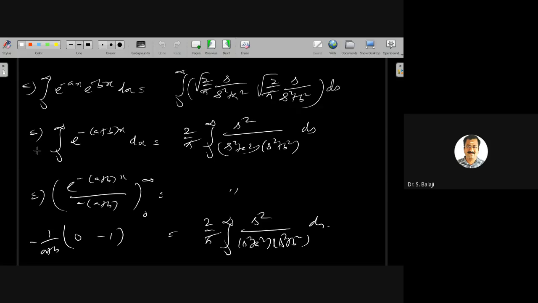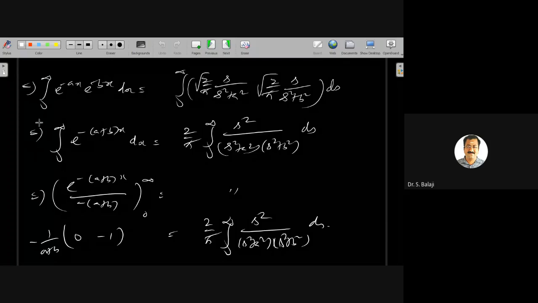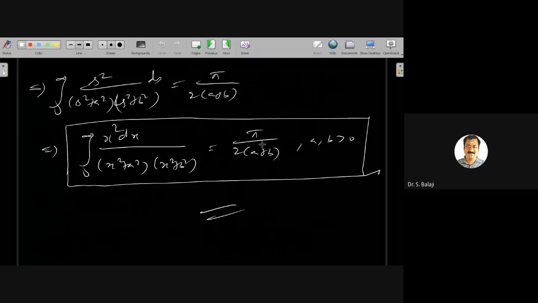Okay, your answer will be pi by 2 into a plus b. Therefore, the integral from 0 to infinity of x square dx by (x square plus a square)(x square plus b square), if we change s by x, we can get pi by 2 into a plus b.